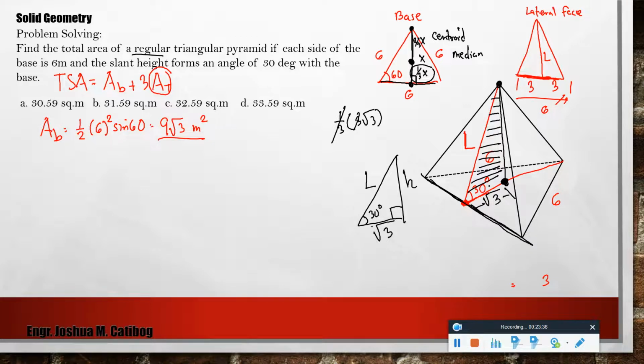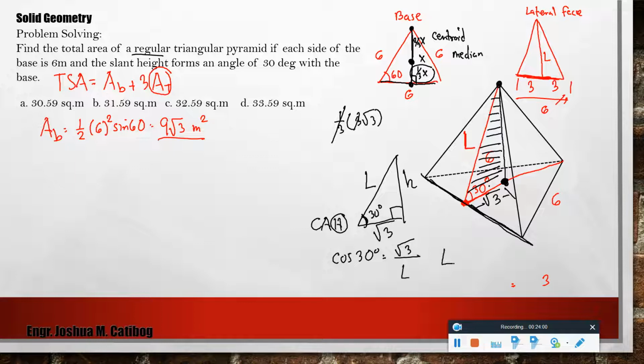We have given here a certain angle of 30 degrees. So, we can find the value of L using what? SOHCAHTOA naman po yung gagamitin natin kasi meron po tayong given na isang angle. So, I will be using cosine of 30 degrees. Ang adjacent po ay yung square root of 3 over the hypotenuse po is yung L.